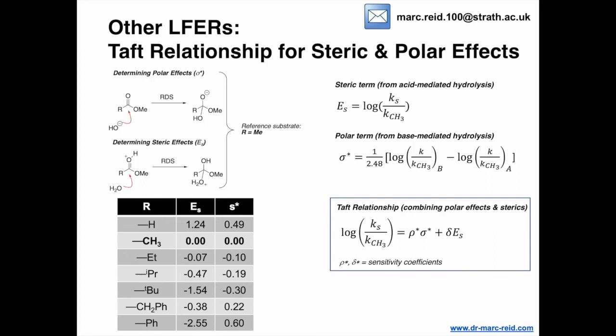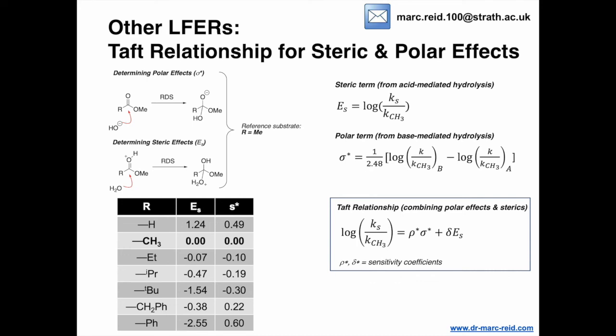Look first at the chemical schemes on the left of this slide. At the top, the polar effect, denoted sigma star, is taken from the base-mediated hydrolysis of methyl esters, with the reference substituent having R equals methyl. Taft rationalised that the base rather than acid-mediated hydrolysis would be most greatly influenced by polarity rather than sterics.